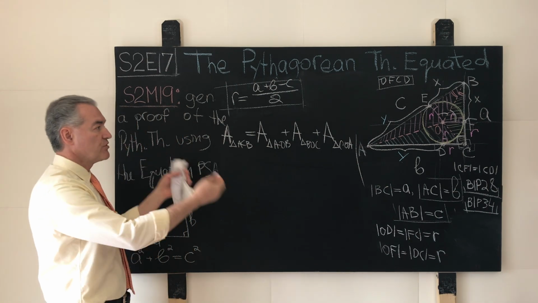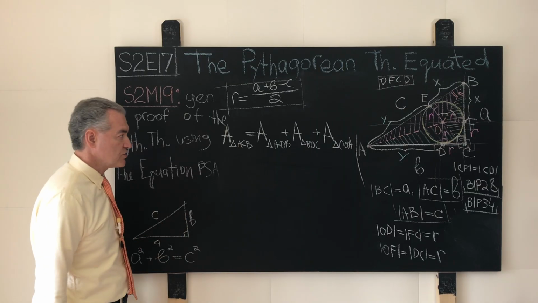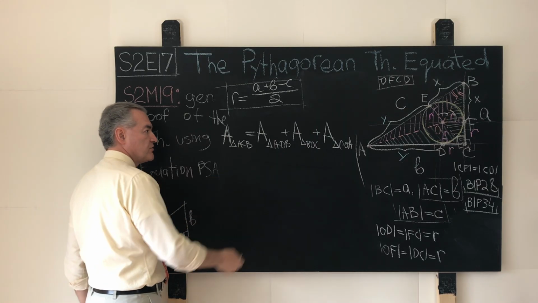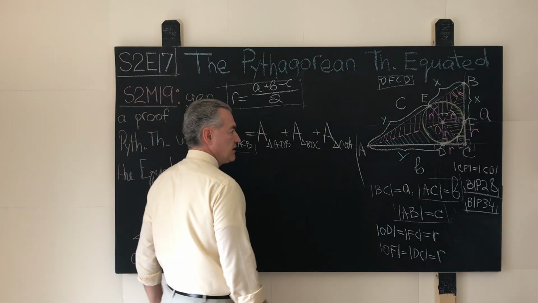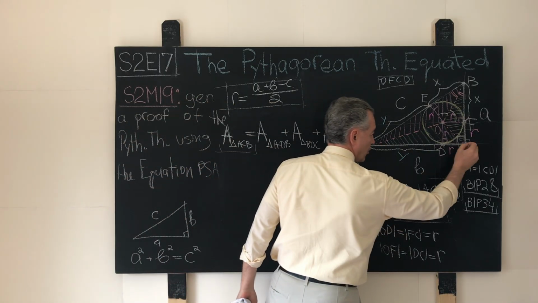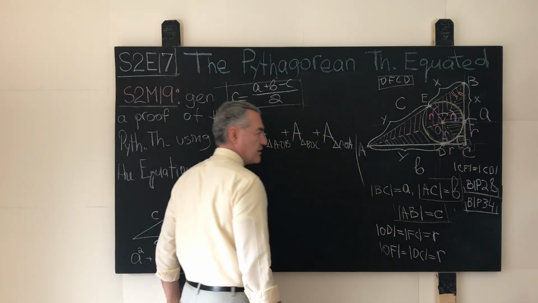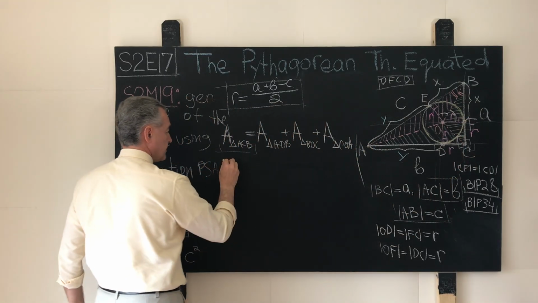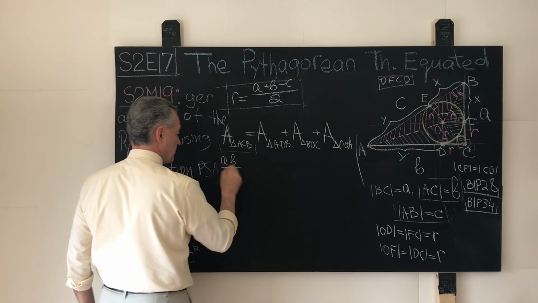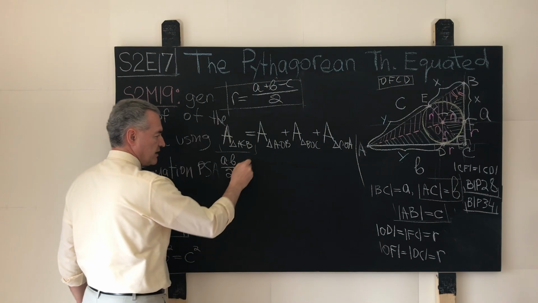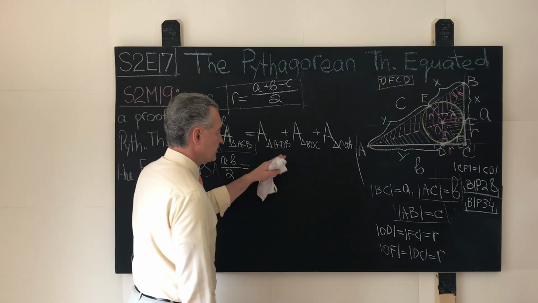Now, how do we convert that observation further into more actionable material? Well, we spell out each area in turn. The area of the parent triangle ACB in terms of the lengths of its sides A and B can be represented in a straightforward manner which way? Well, it's a half product of the lengths A and B, AB over 2, and that half product is equal to the following sum.